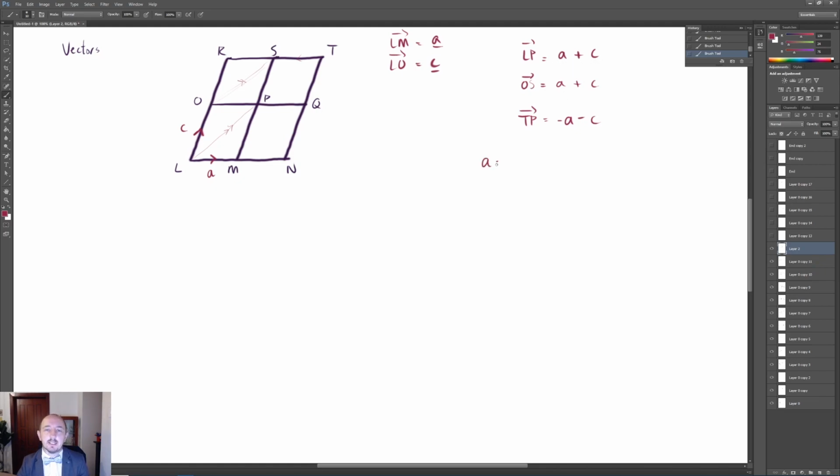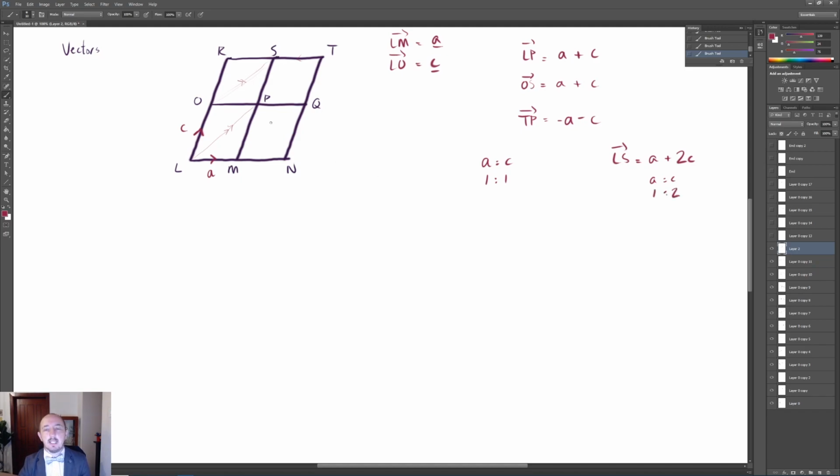So A to C in both cases is 1 to 1. If I was to go from L to S, for example, I go A to get from L to M, and then I go 2 lots of C, C plus C. And in this case, the ratio of A's to C's is 1 to 2.